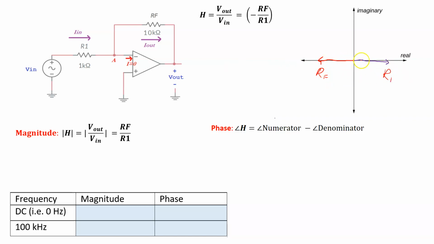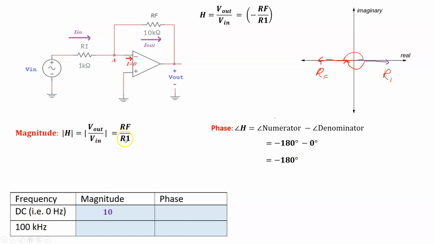Now RF is 180 degrees phase, so we can think of this as negative 180 if you were to read it this way. Minus 180 and 180 are essentially the same. In the case of the denominator, we have R1, so the angle is 0. So we have an overall phase angle of minus 180, right? So here I have my magnitude of RF over R1 and my phase of minus 180, okay?